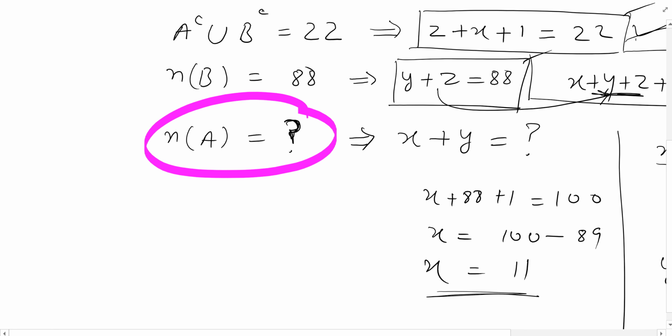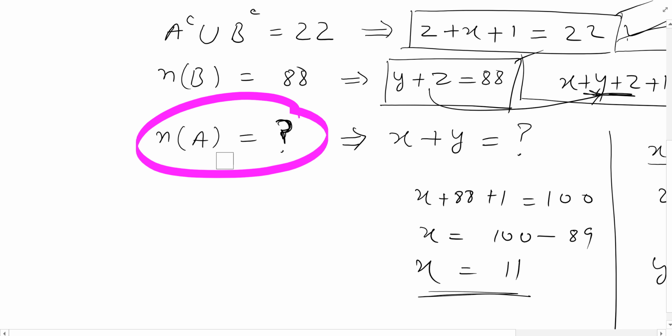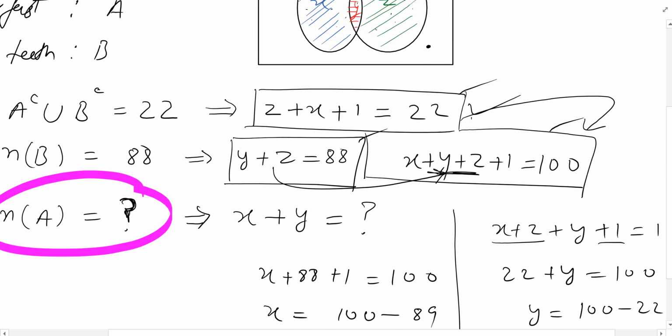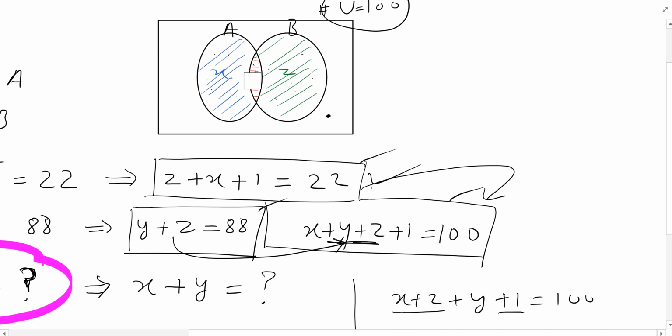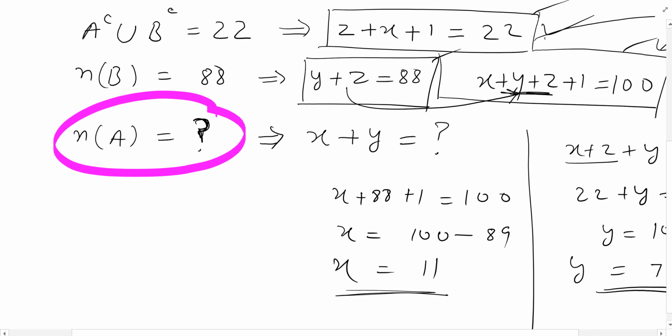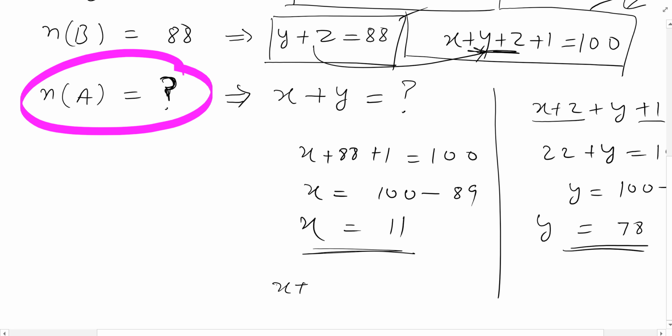Now the question was, what is x plus y? Well, what is NA? NA is made of x and y. So the sum of them is your answer. So we substitute, therefore, 11 plus 78, sorry, 78, is 89.